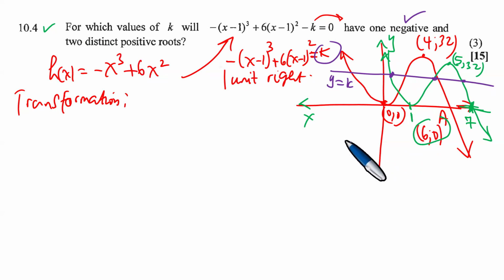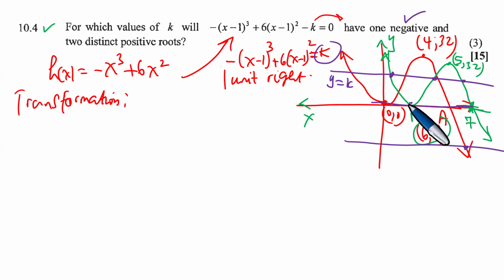Right, so if it is to cut here, for example, you would have what? Right, so you would have 1 negative root and only that. So, but if you come here, what then do you have at that point?